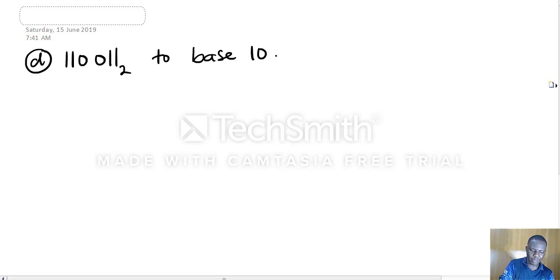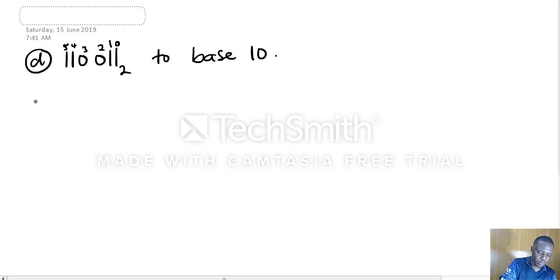In your junior elementary, you were told that you number them beginning from the right to your left, starting with 0. So this will take the power of 0, this will take the power of 1, 2, 3, 4, and 5. Or you can look at the numbers and the power to which the base will be raised will be equivalent to the number of digits after that digit in question.